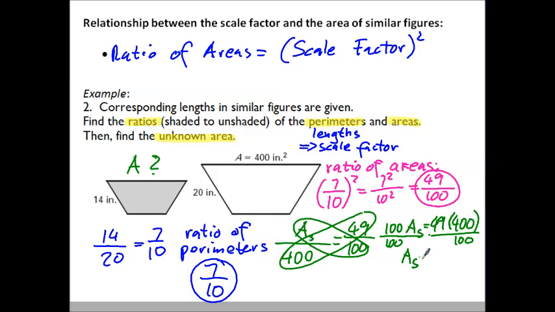So AS is equal to 49 times 4, and 49 times 4 is 196. So AS is 196, and our unit was inches squared. This is the area of the smaller trapezoid, and we have found all the things we needed. Very good. So now go ahead and watch the second part of this tutorial.